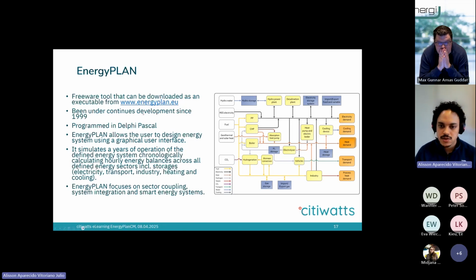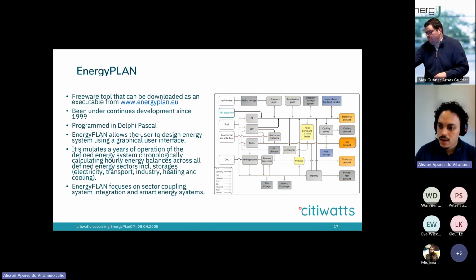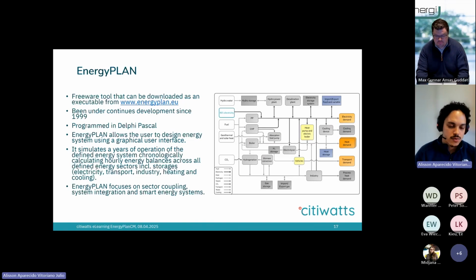In the flowchart, you can see all possibilities, all resources, and all sectors that EnergyPlan can dive into. And now, the colored ones are the ones that we used to develop the calculation module in order to achieve our goals with the project.